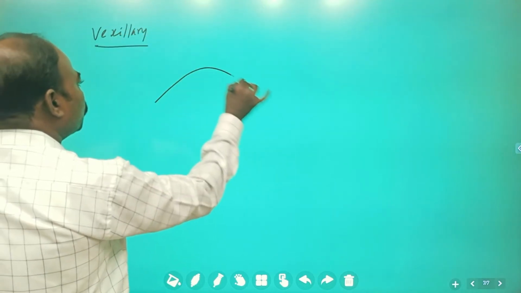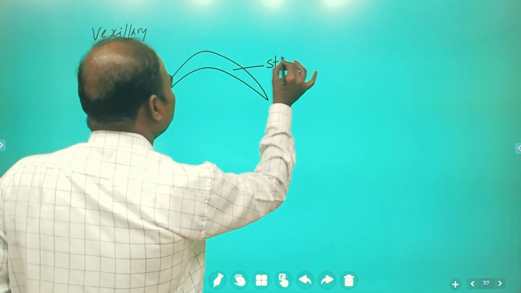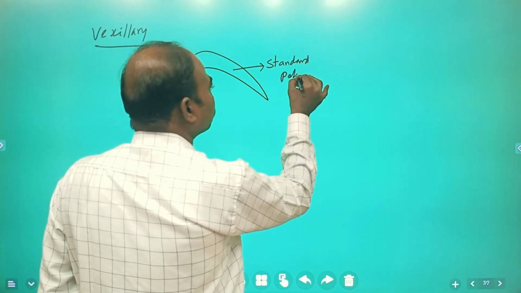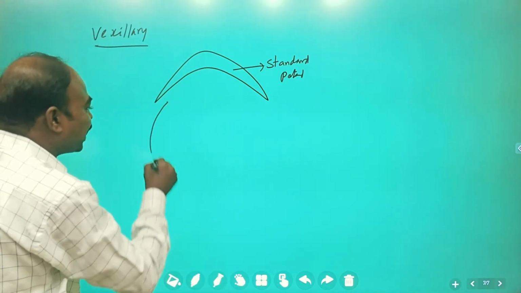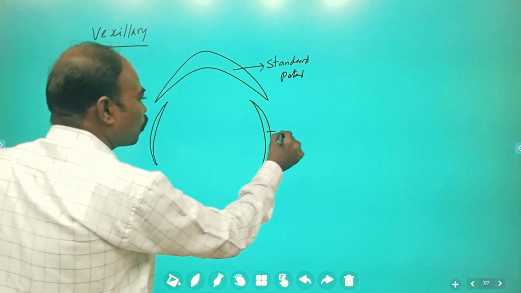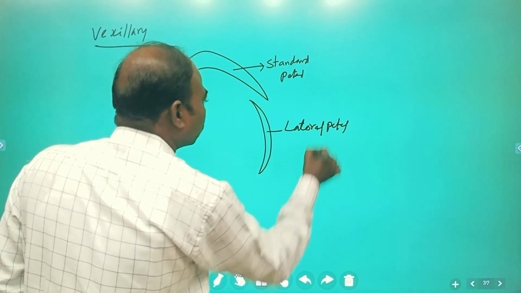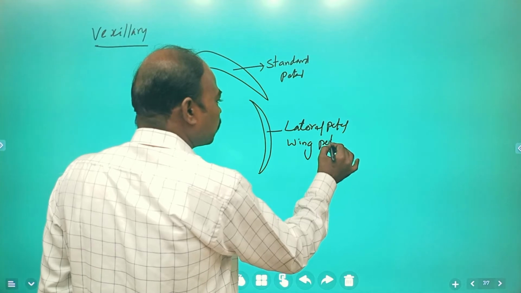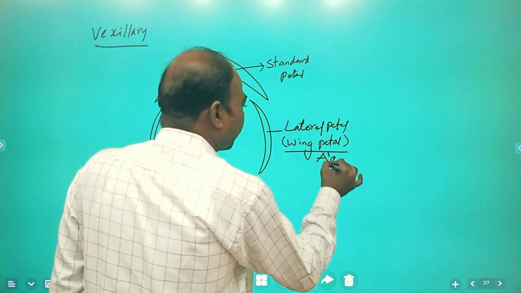Here the large standard petal was found at the posterior side of the flower. The standard petal overlaps the next two lateral petals. These lateral petals are otherwise called wing petals, or technically alae.